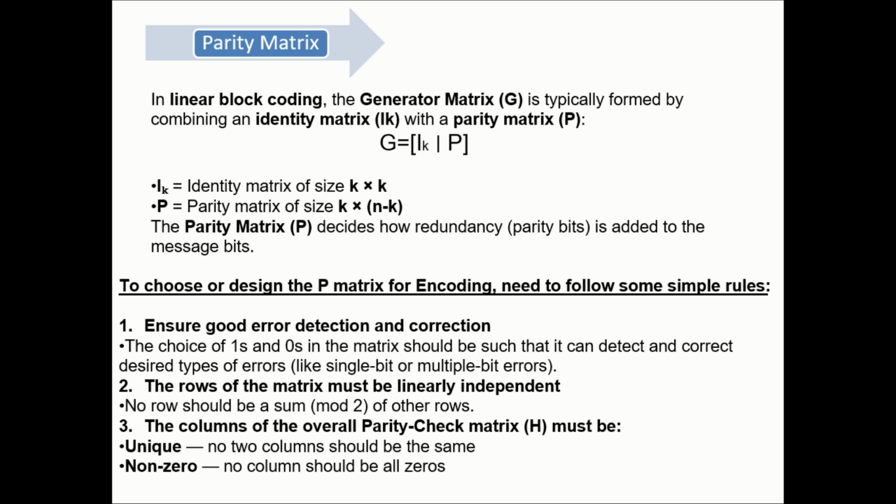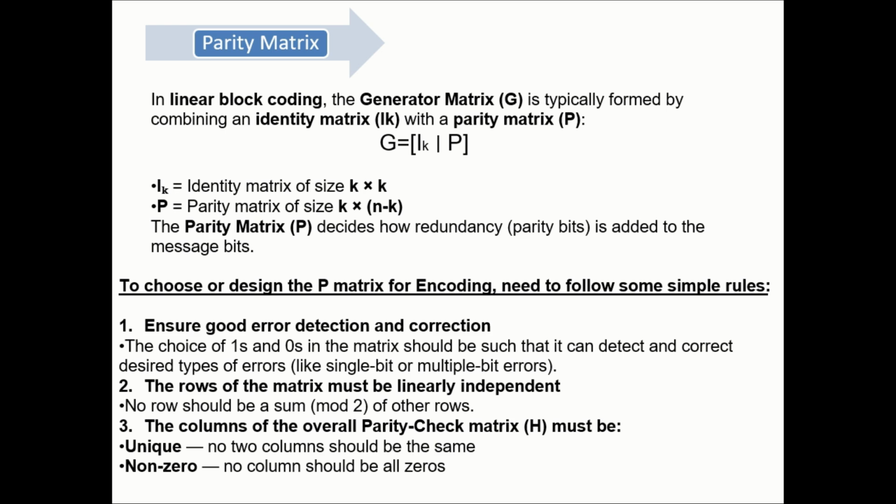Second, the rows of the matrix must be linearly independent, meaning no row should be a modulo-2 sum of other rows. This ensures that each message bit contributes uniquely to the code word. And third, when you eventually form the parity check matrix H, its columns must be unique and non-zero.